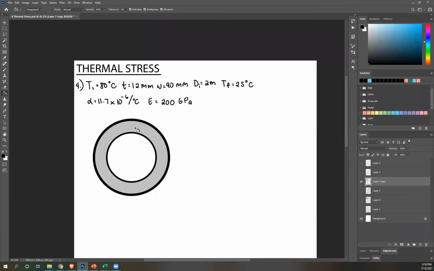So again, this is your tire originally at 80 degrees. Then afterwards, it cools down. Now remember, one of the steps in solving for things like this is to release the restraint. The restraint being this wheel. Okay? So if you release that, this is going to shrink down this way.